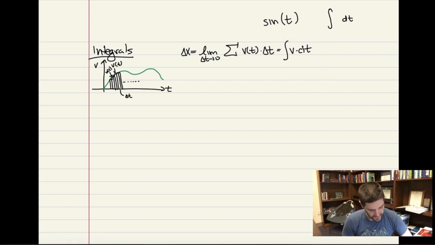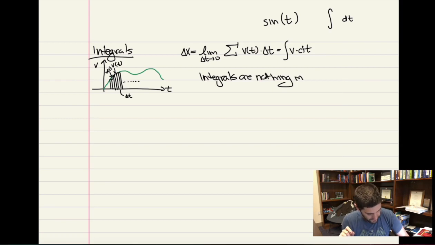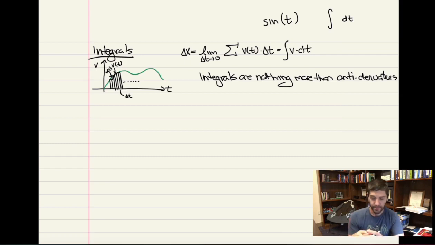Now, the fundamental connection that you make in a Calc 1 course is that integrals are nothing more than antiderivatives. If you can take a derivative, you could also undo the derivative, and that's the integral.